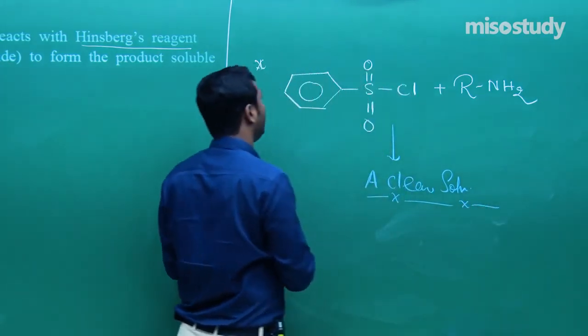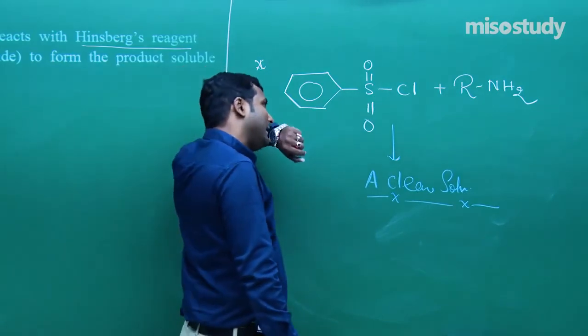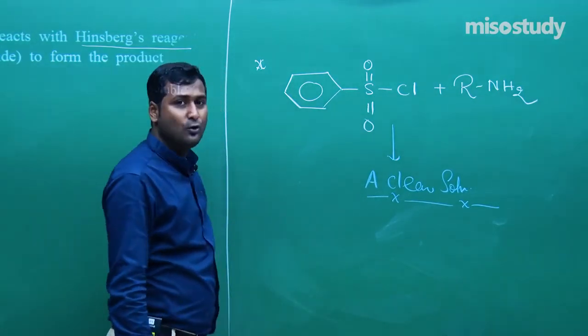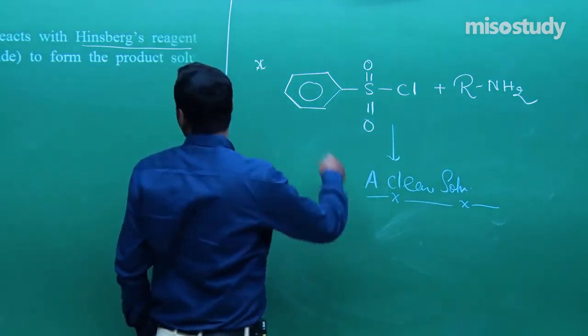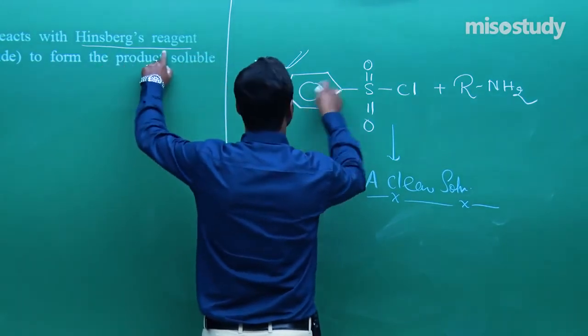This is the best method to differentiate 1 degree, 2 degree and 3 degree amine. Clear to you what I am telling? That is benzene sulfonyl chloride, the Hinsberg reagent.